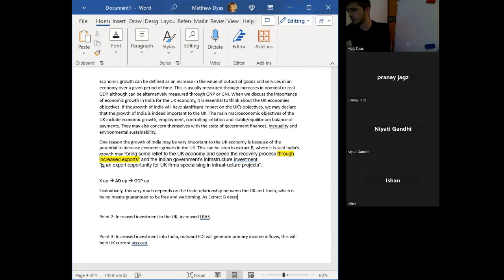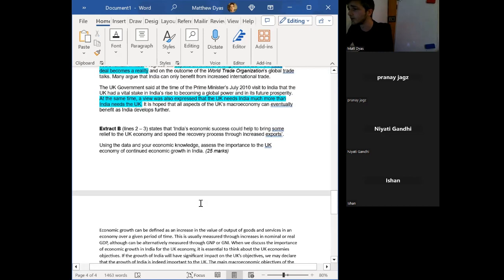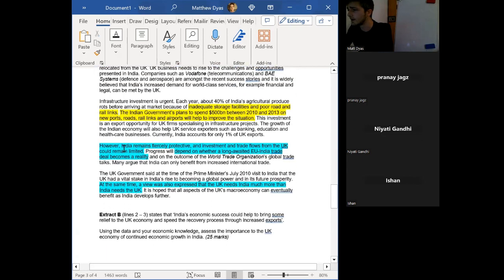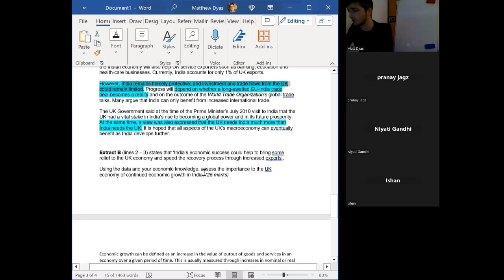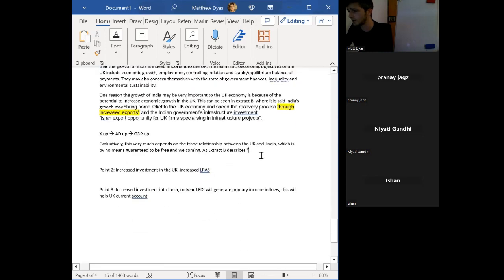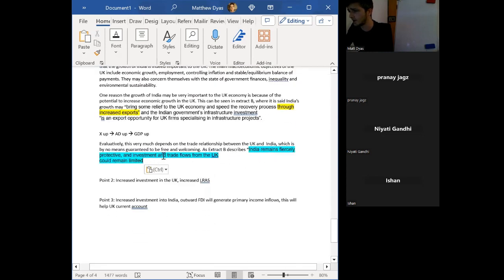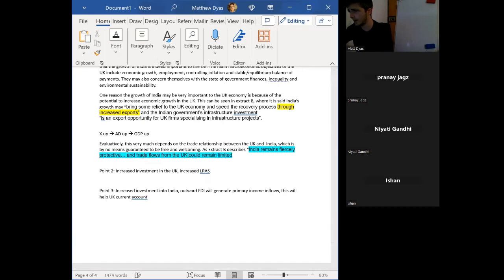And again, I think we had some pretty easy quotes here. We've got "India remains fiercely protective and trade flows could be limited," so I'm going to use that. India remains fiercely protective, and I'm just going to cut that out. Trade flows from the UK could remain limited.